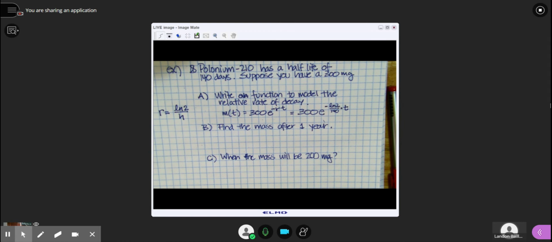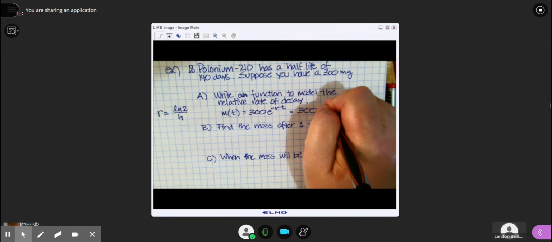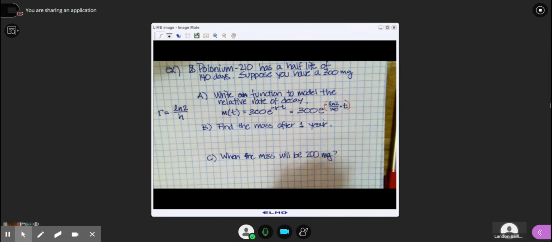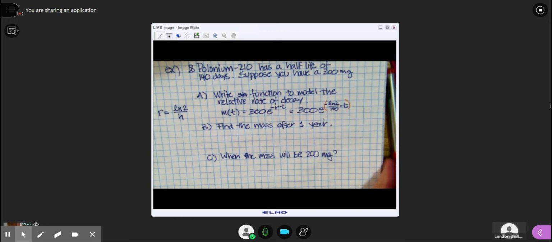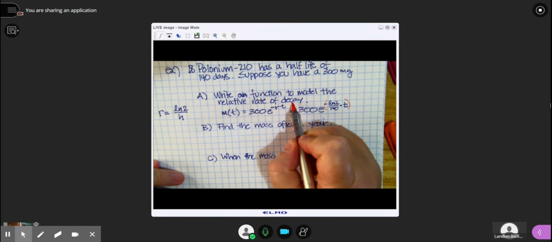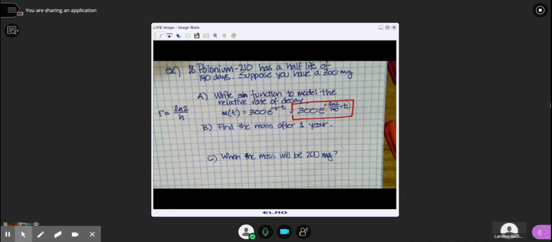And the weird part is that all of this is my exponent. Okay, so this is my equation, or my function. That whole bit's the function.